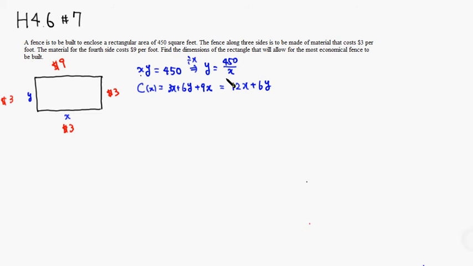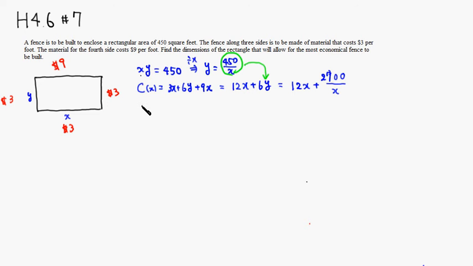Then we stick this in here, so we get 12x plus 6 times 450 over x. 6 times 450 is 2700. So this is the cost function, and we want to minimize that.